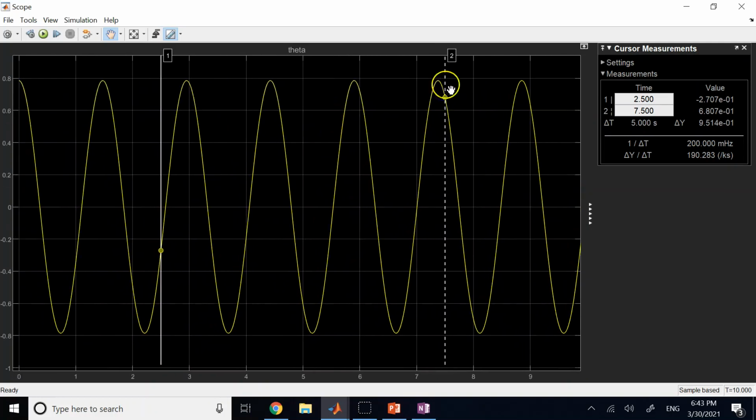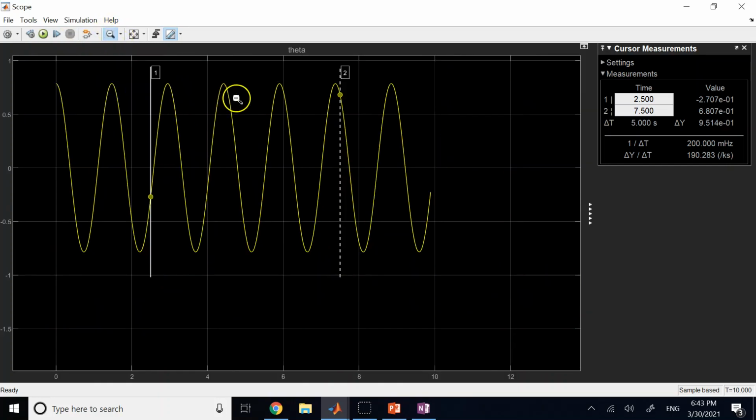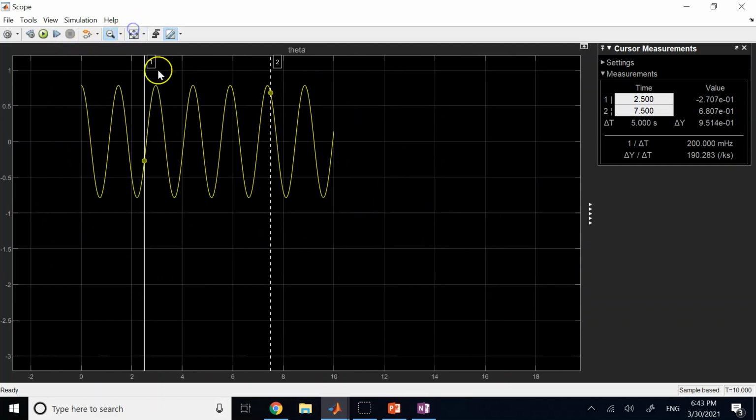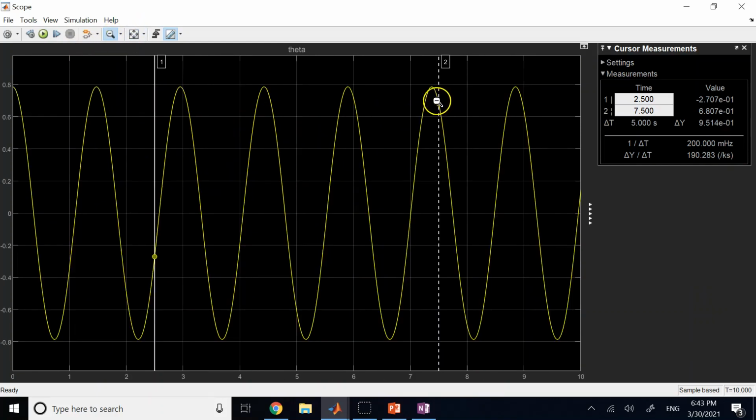Okay, and now if you want, you can grab these and bring them closer. The only thing is, make sure this is not on pan. So let me go back to normal view, and let me turn it off, and now I should be able to drag them anywhere I want. Let's say I want to measure the value at about 4 seconds. So I bring this very, very close to 4 seconds. And you see here, I can get very close to 4 seconds.